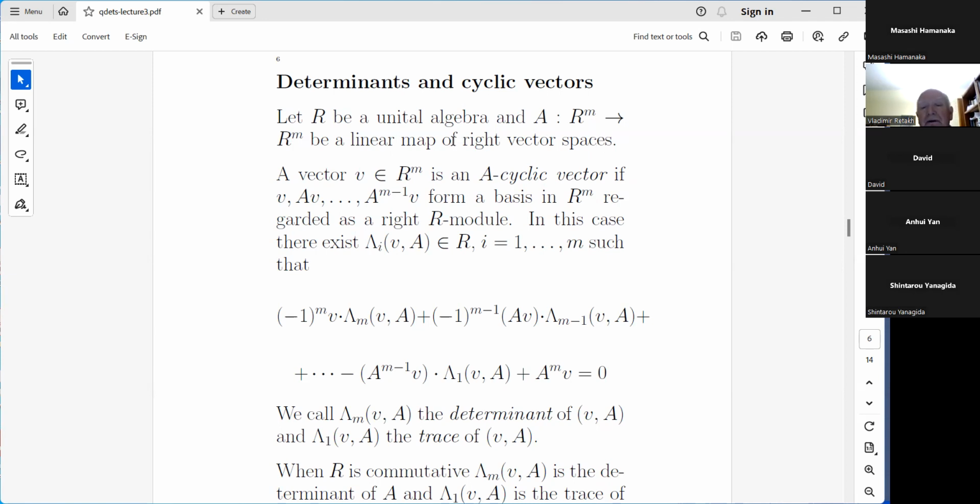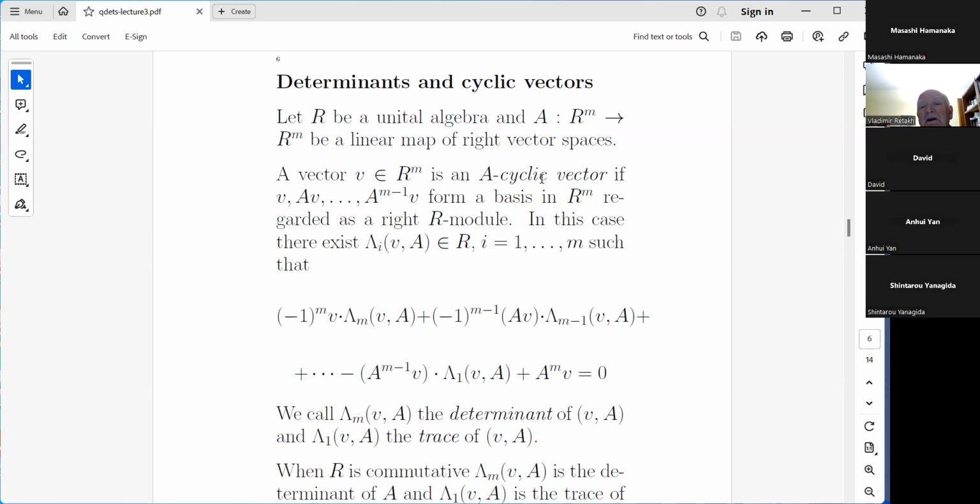Again, this is the classical definition: a vector V is called a cyclic vector if the m vectors V, AV, A squared V, and so on up to A^(m-1) V form a basis in R^m.